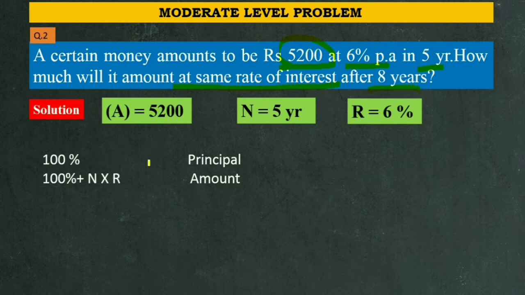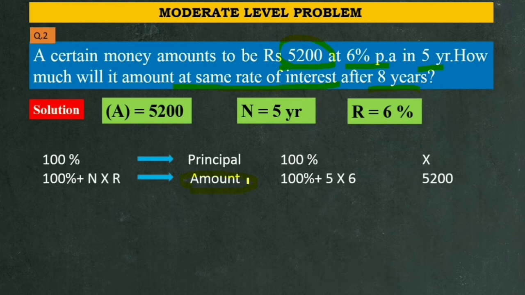So how to calculate the principal? As I explained in the previous video, we simply consider 100% as the principal. After that, in the second case, I have considered 100% plus NR, meaning 100% plus simple interest. We will get the value of the amount. Okay. Now we will simply put the values of N and R and the amount.